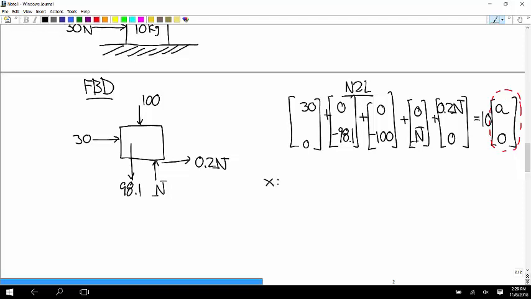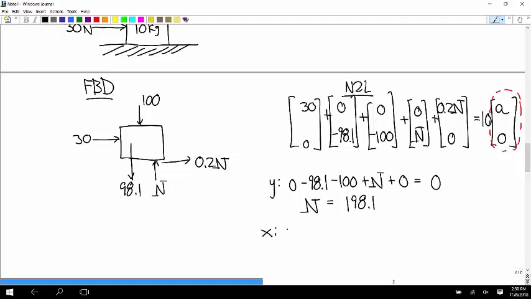So the y equation is what we do first: 0 minus 98.1 minus 100 plus n plus 0 is equal to 0. And so this time n is equal to 198.1. So that normal force is bigger because that 100 Newton force is mashing those two surfaces together.